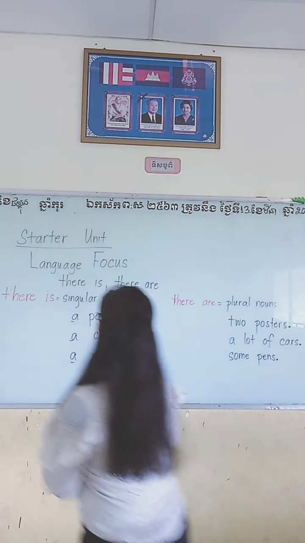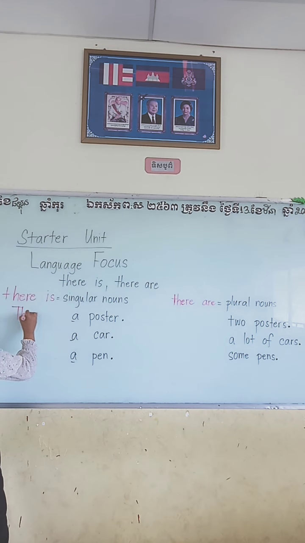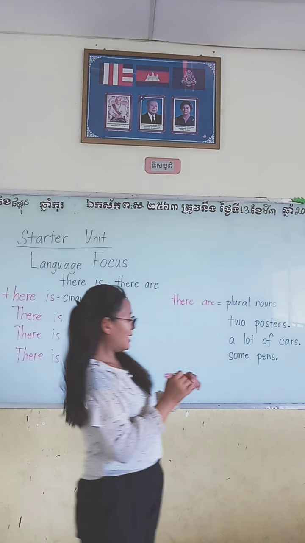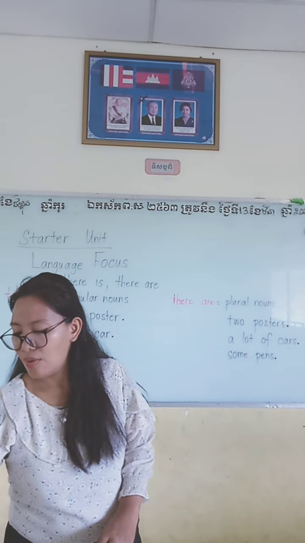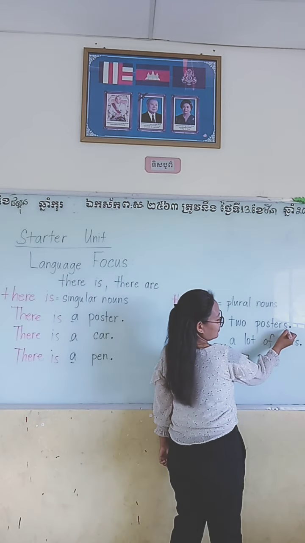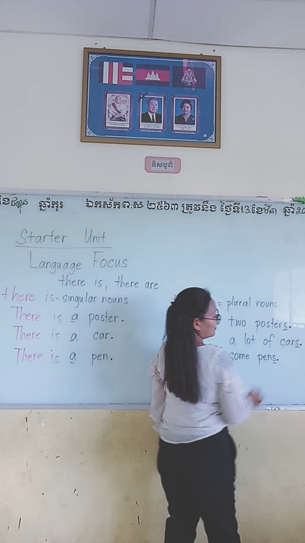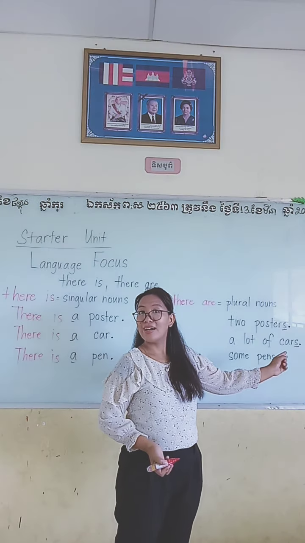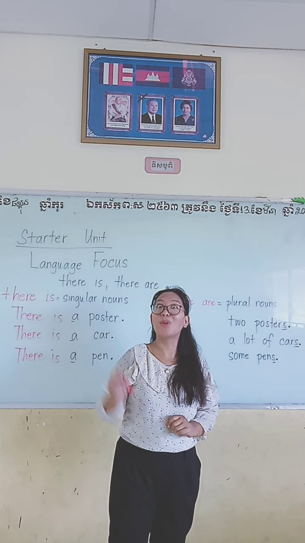There is. So all of this, there is. Very good. Now, when you see S at the end of the nouns, it means it's more than one.